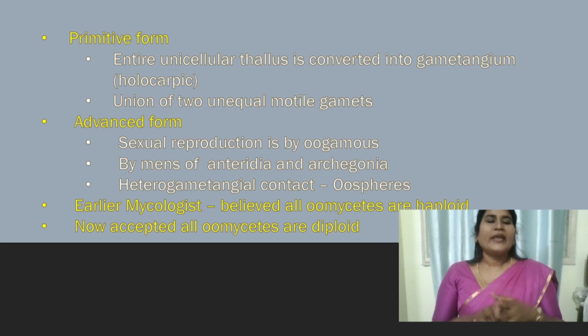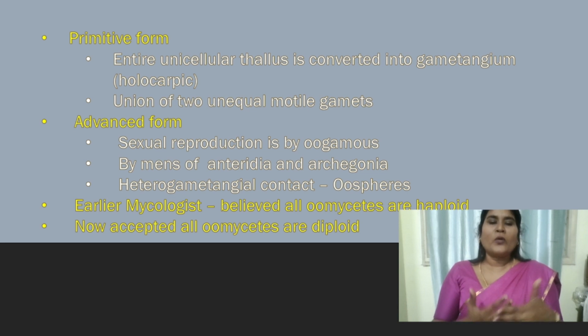In the advanced form, you can see sexual reproduction by the oogamous type. In the oogamous type, the male sex organ is called antheridium and the female sex organ is oogonium. Finally, for the oosphere development, gametangial contact takes part.